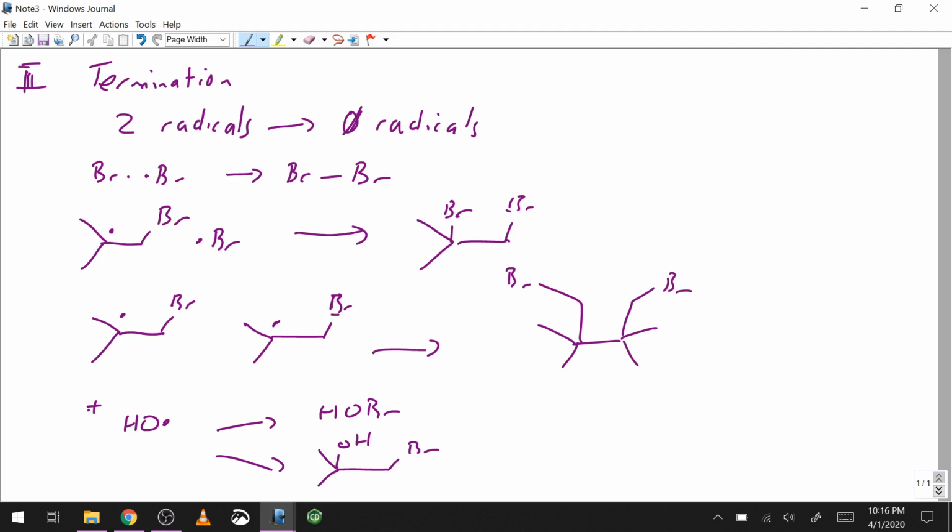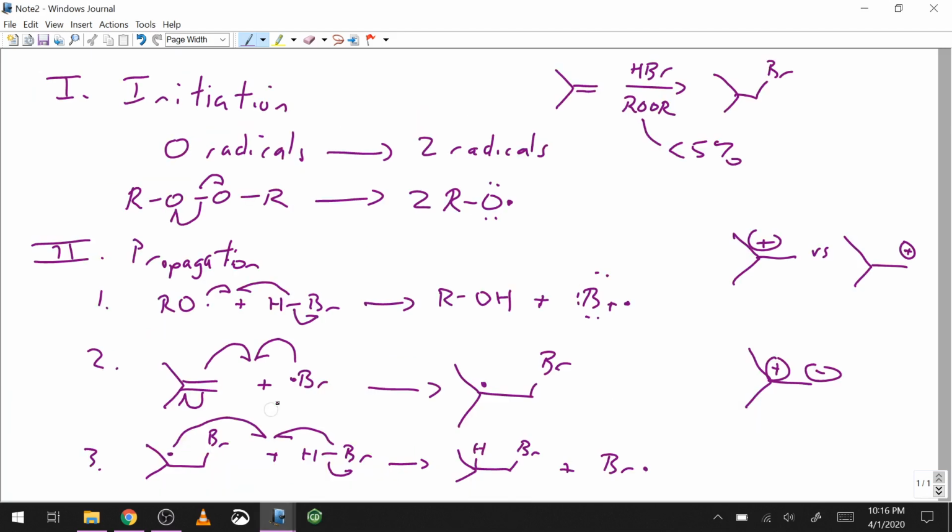If I go back a step here, back to my propagation steps, all of my propagations went one radical to another. So in every step I used a radical, but I generated a different one. In the first propagation, initiator radical, bromine radical. Bromine radical, carbon radical.